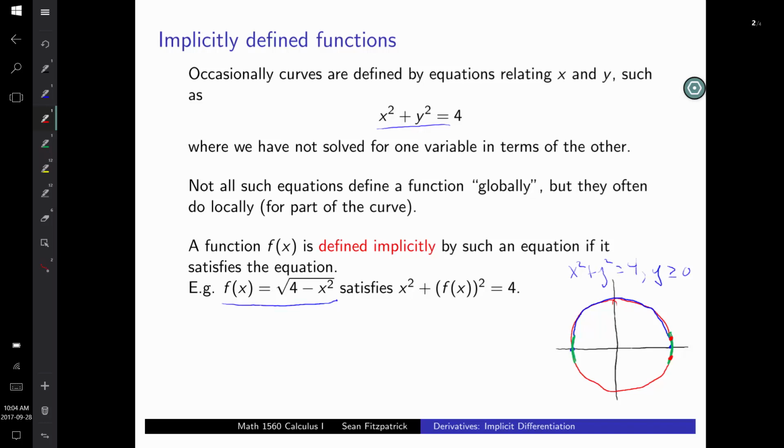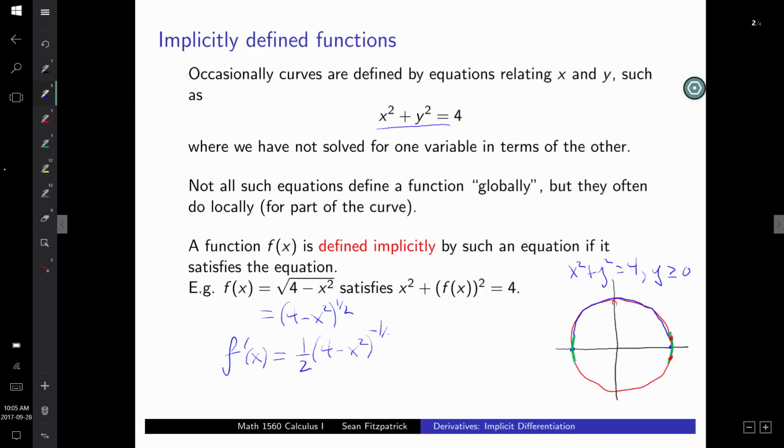One thing I could do is say f of x is 4 minus x squared to the 1/2, and I know that with the chain rule combined with the power rule, I could take this derivative. To save time, I'm going to jump right to the answer.